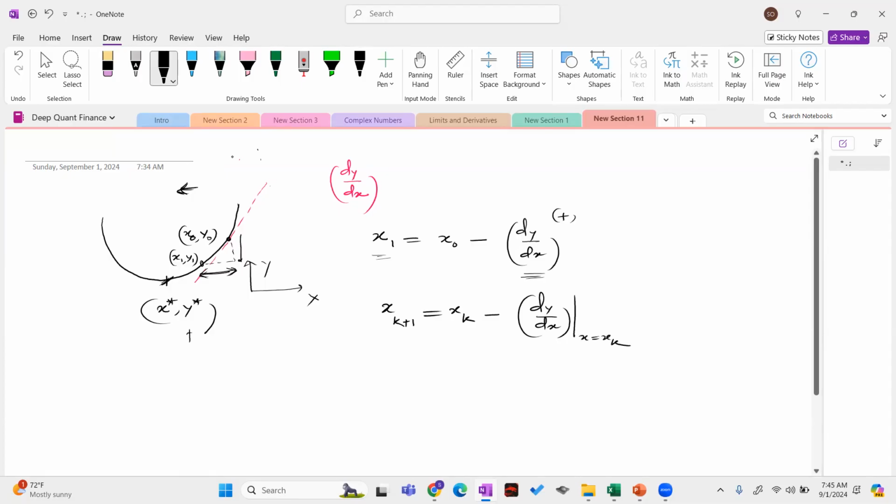That's my algorithm. Once I reach minima, the derivative would be 0 and x will not get updated anymore. I found the minimum. All right. I hope you understood this.